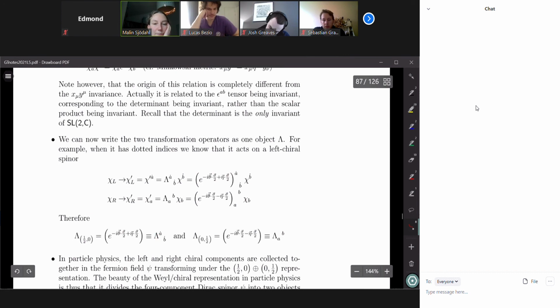It is common, but perhaps confusing to third-year students, that we write this object, which is a matrix, as lambda alpha dot beta dot. Of course, this would normally denote the component, so it's some sort of mixed and not quite consistent notation.